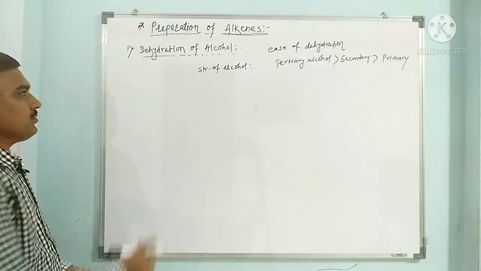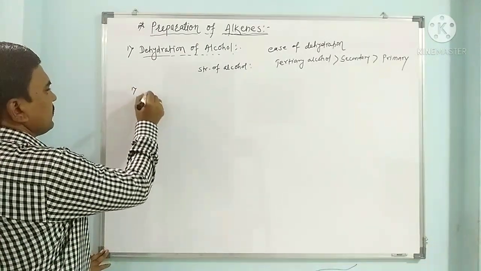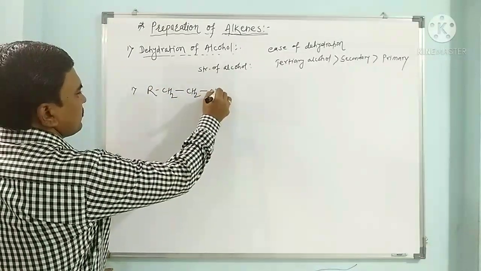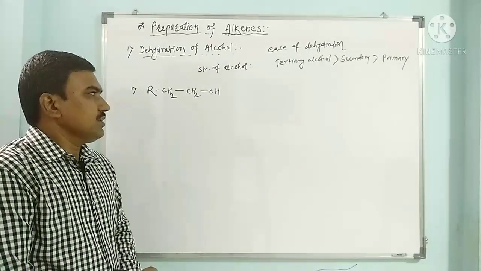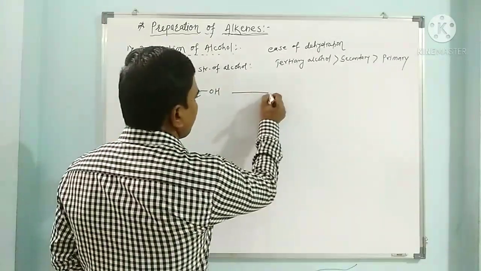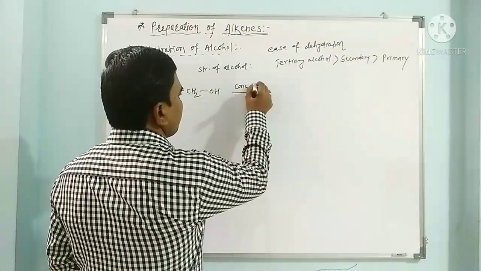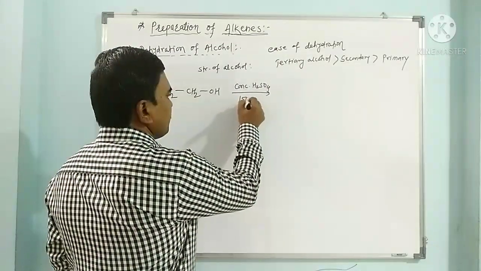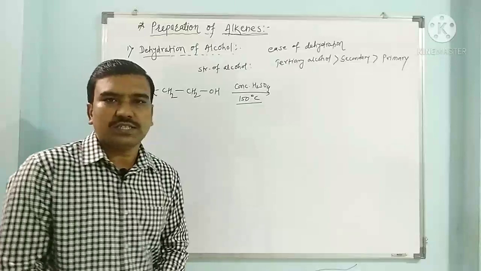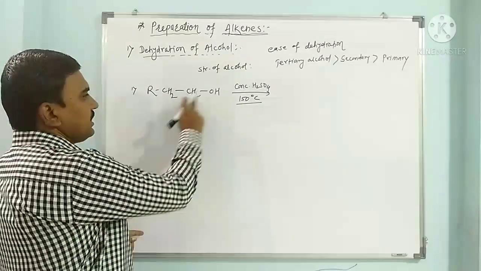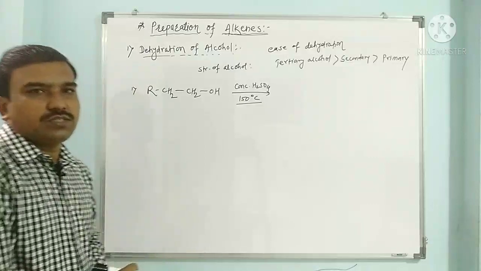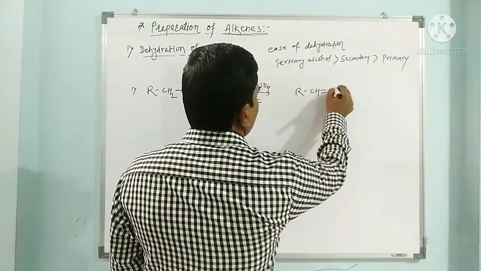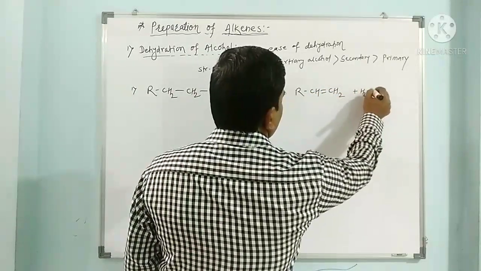If you see a simple example of dehydration of alcohol, RCH2CH2OH, this is an example of a primary alcohol. When it is treated with concentrated sulfuric acid and heated at around 150 to 160 degrees Celsius, dehydration takes place across this alcohol and gives RCH=CH2 plus H2O.